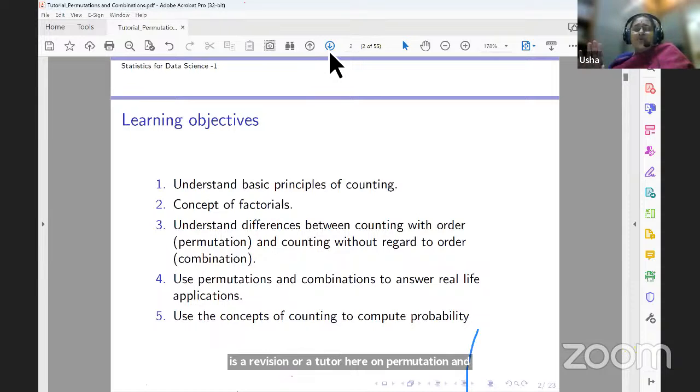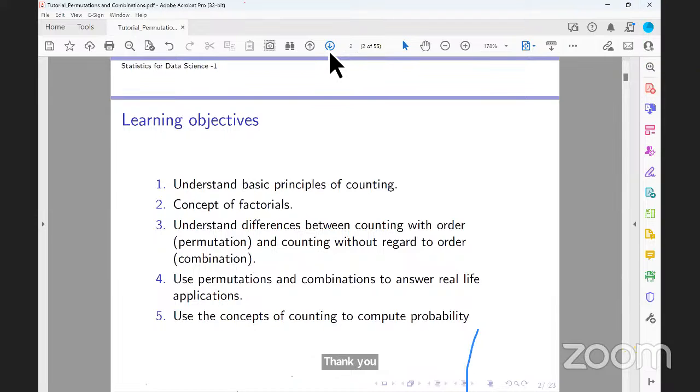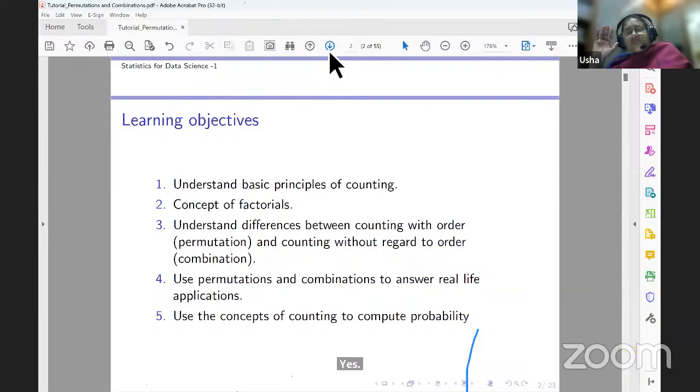The first ground rule is please use the chat box to ask questions on permutations and combinations, and please restrict that only to this session. The reason is I am going through the chats, and when there is something not relevant, it distracts the session. I'm sure all of you are here to learn about permutation and combination. So can we just start with this discipline that we are going to use the chat box only for permutation and combination, please? Thank you all for your understanding.